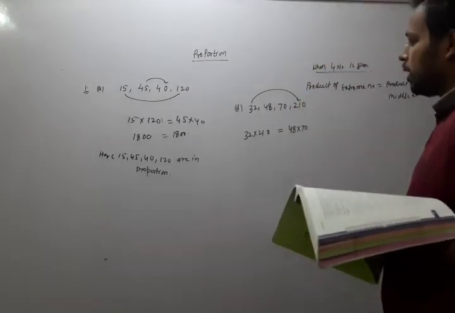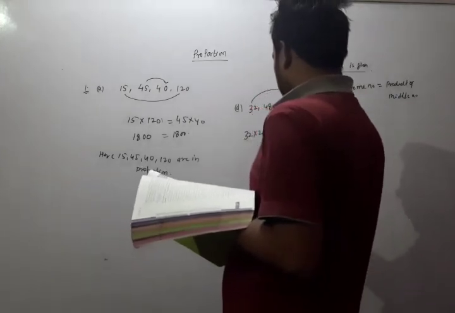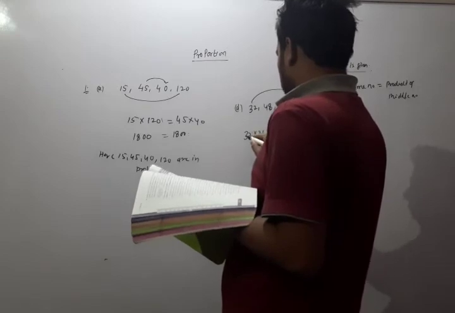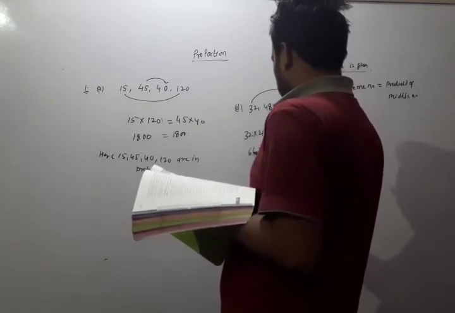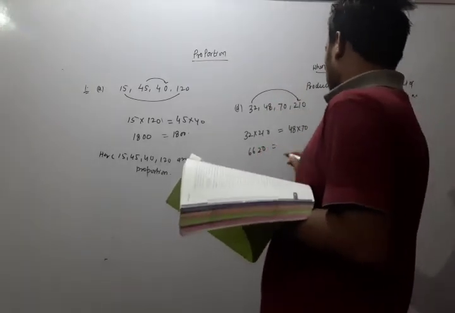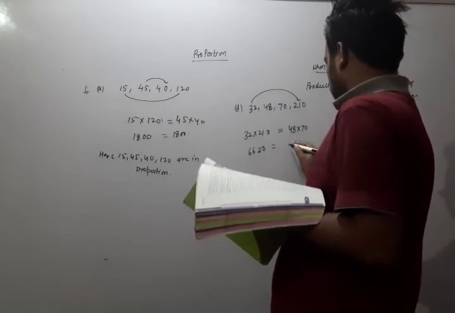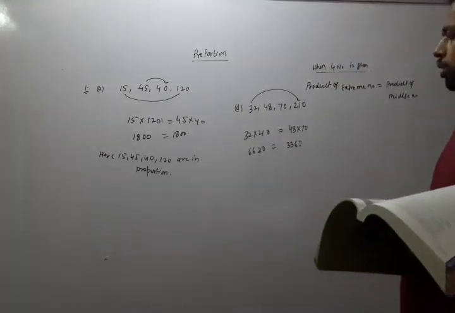When you multiply, 32 into 210 is 6720, and 48 into 70 is 3360. Both are equal?